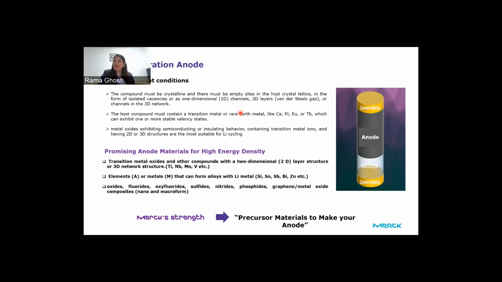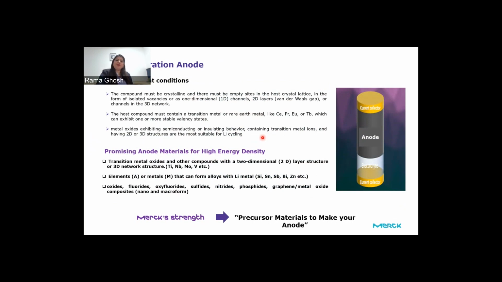Second, the host compound should contain one transition metal or rare earth metal which has one or more stable vacancy states. As you see, vacancy states are important when you choose your anode materials. And third, any material you choose as an anode should have the right electronic property, that is semiconducting or insulating behavior.